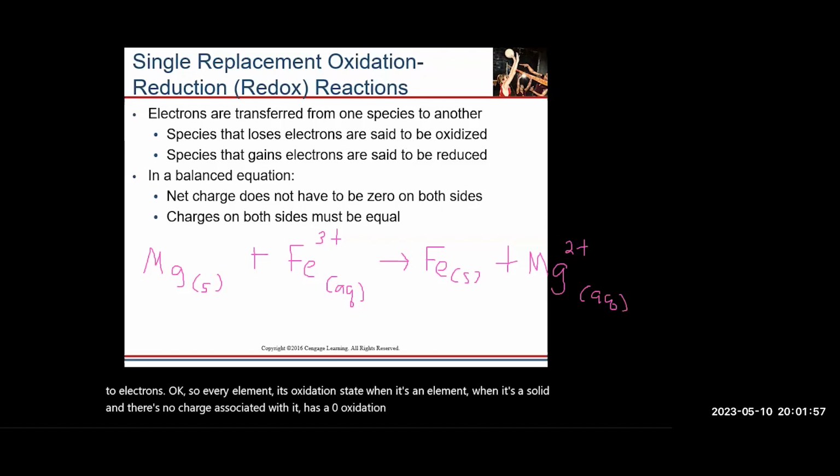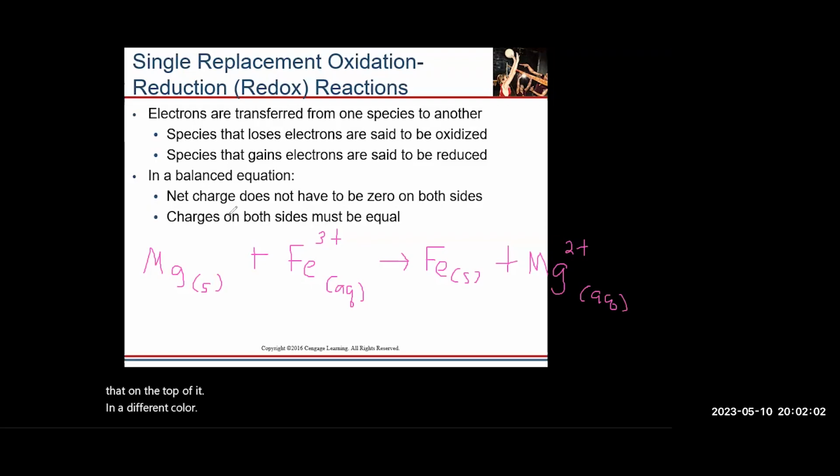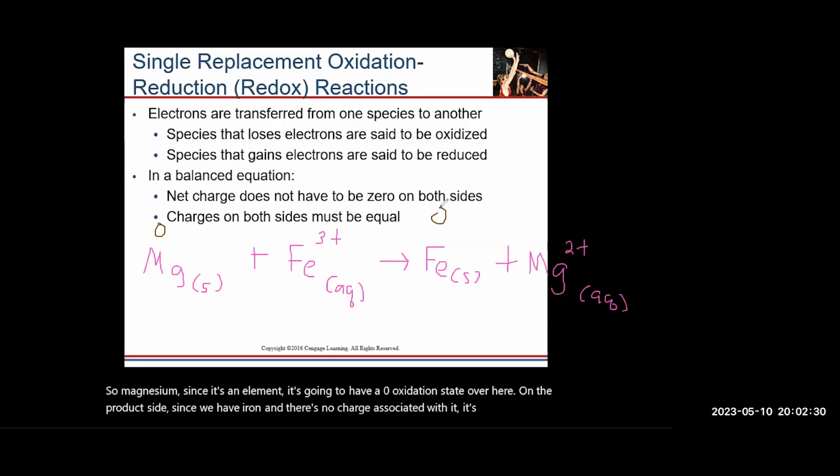I'm going to write that on the top in a different color. So magnesium, since it's an element, is going to have a 0 oxidation state. Over here on the product side, since we have iron and there's no charge associated with it, it's also going to have a 0 oxidation state.